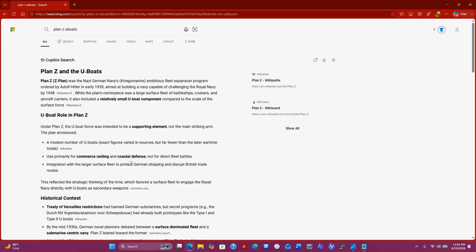Now, I've seen different translations of that. That line was written cleverly. It's saying a relatively small U-boat component compared to the scale of how many fleet battleships were also planned. I've heard that in actuality, Plan Z focused more on the U-boats, and that there was an argument between the brass as to where the resources for building should be concentrated.